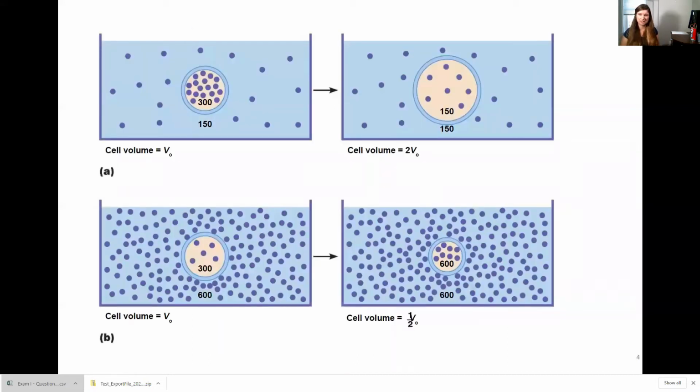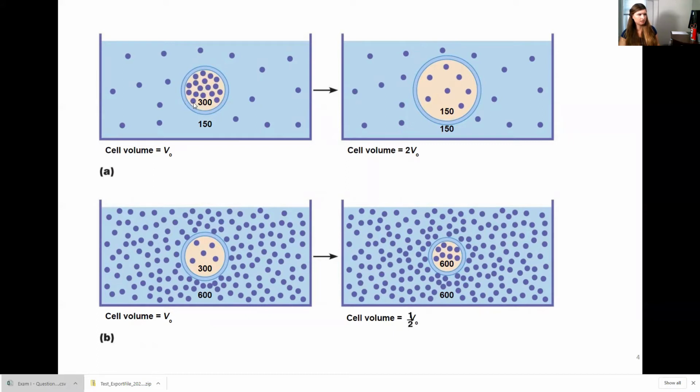An additional thing that we want to think about when we think about the movement of water and the distribution of solutes is the influence of the size of a cell or the cell volume. So here we can see in part A, we start with a cell volume of V0. So that's our original volume. And we can see that we're starting out with a high concentration of solutes inside our cell.